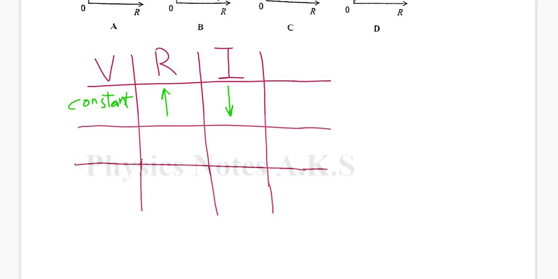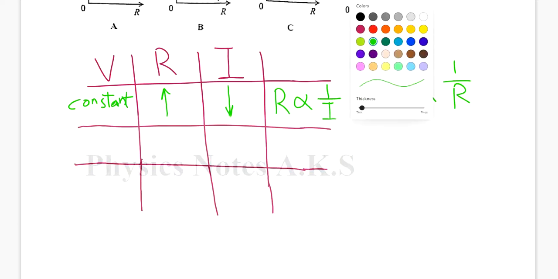So basically, I can say that resistance is proportional to 1 by I, or I can say inversely proportional. Of course, you can say also that I with 1 by R. Okay, so these are inversely proportional. Okay, this is regarding the constant potential difference.